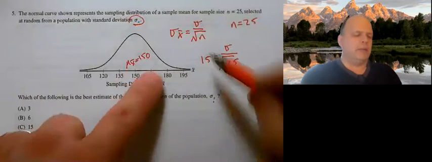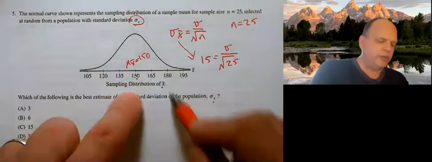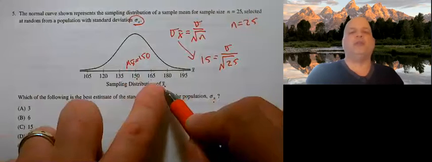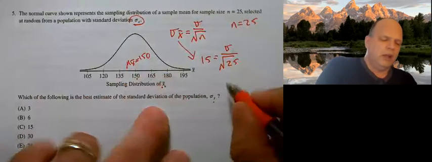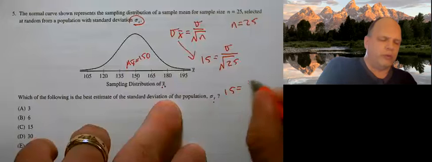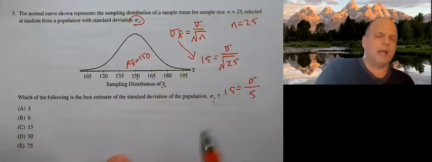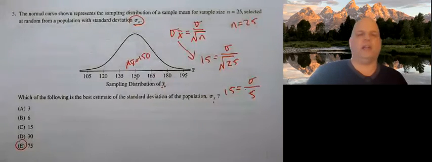And once again, please note, this is the standard deviation of x bar because this is the sampling distribution of x bar. Had this been the sampling distribution of x, this problem would have changed substantially. So 15 equals the standard deviation over 5. Multiply both sides by 5, and I end up getting E as my answer.